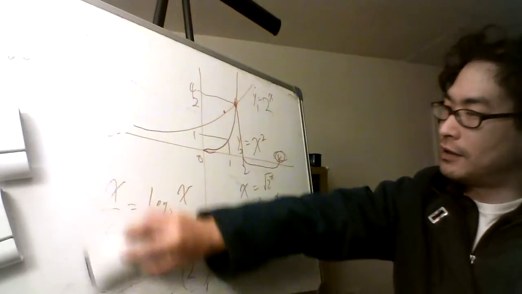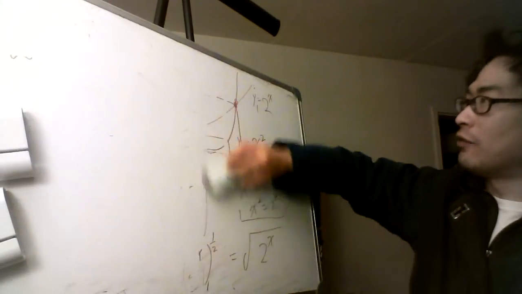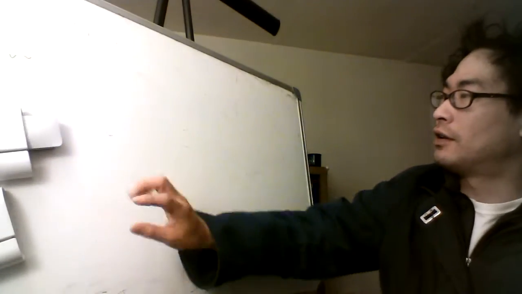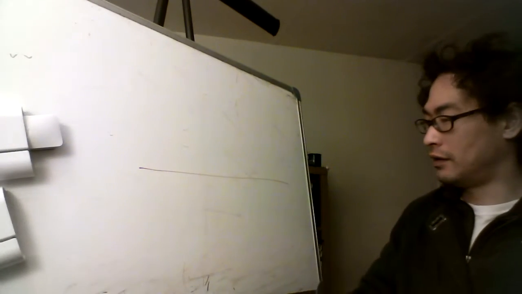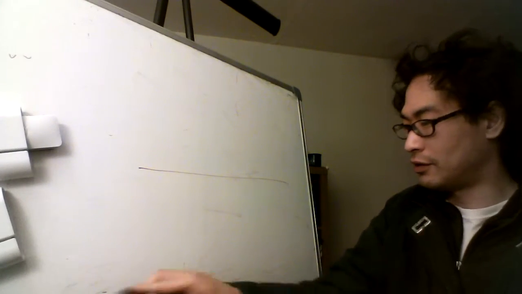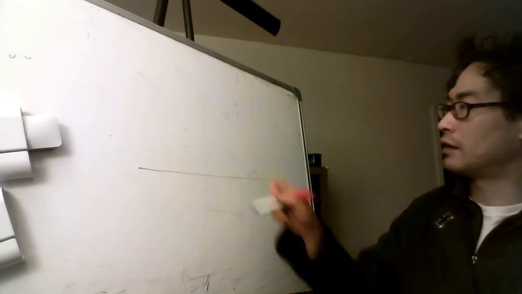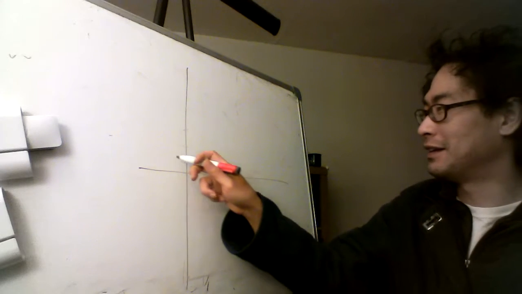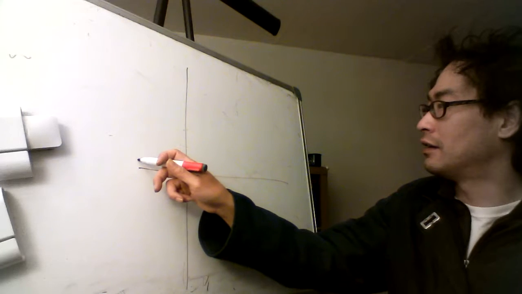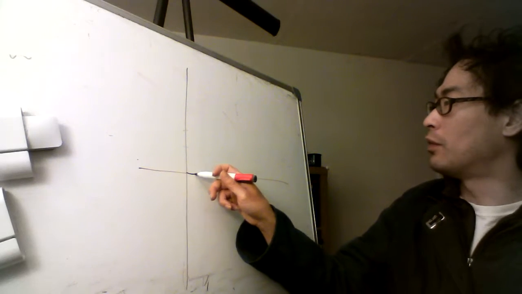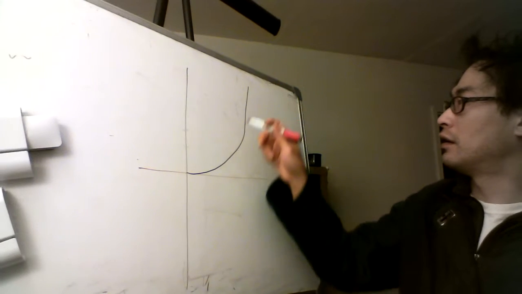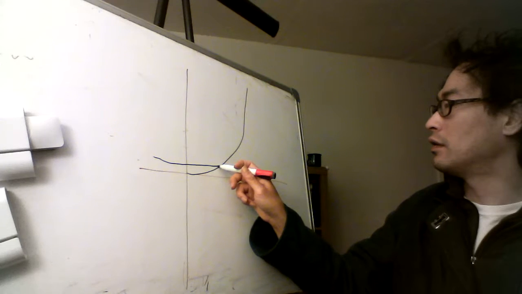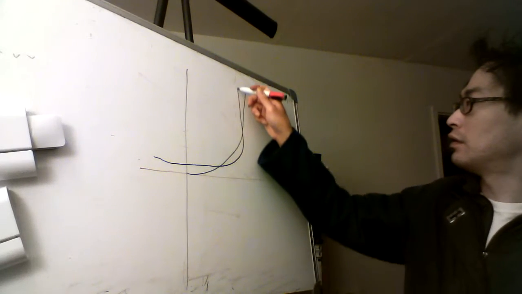All right, let me draw another diagram and then we'll take a break. Anyway, it's running out. First the parabola, then we have something like that.